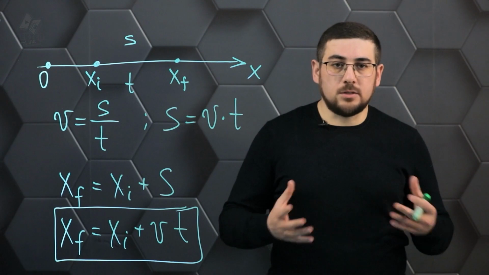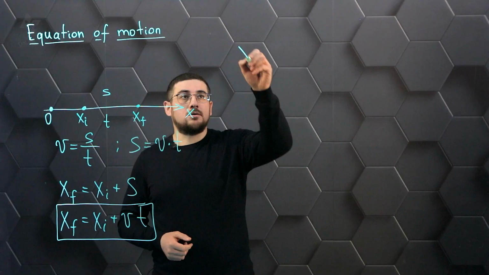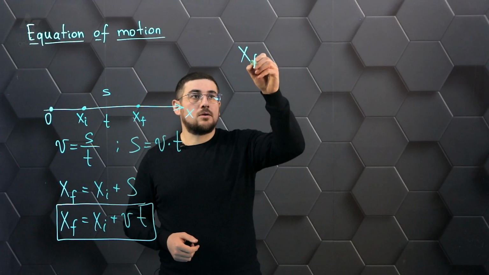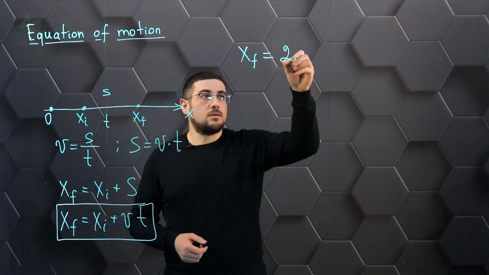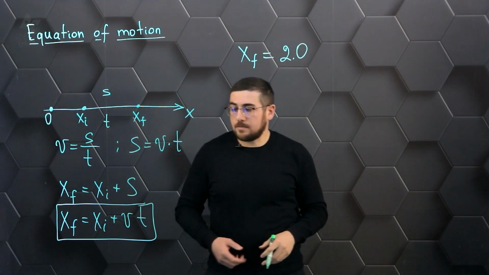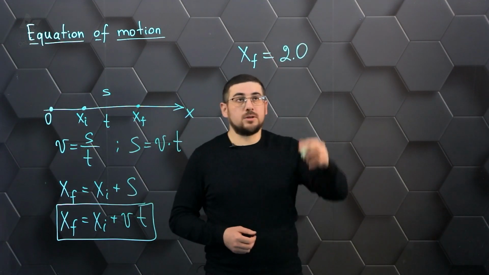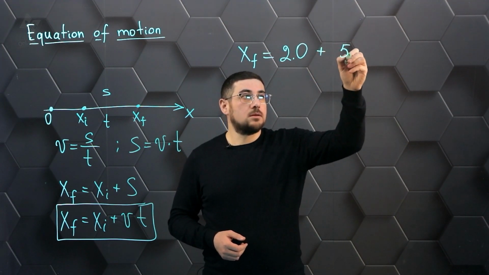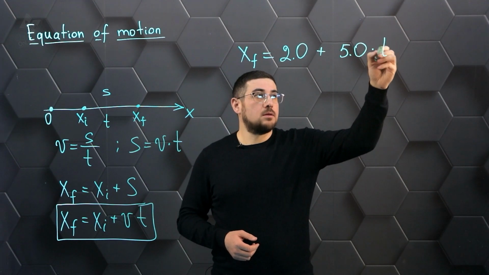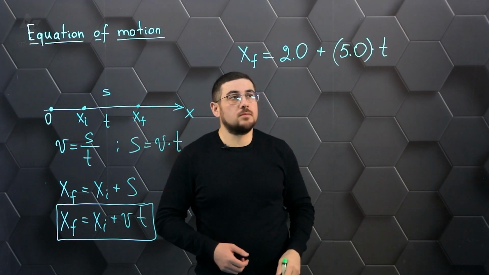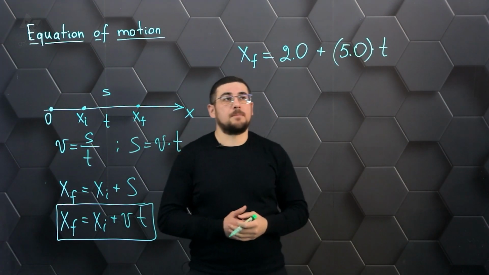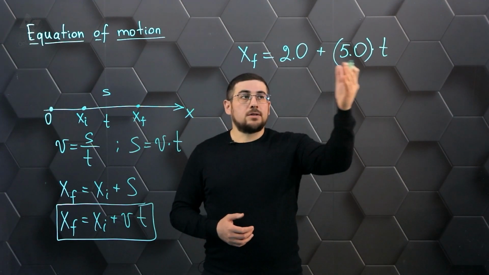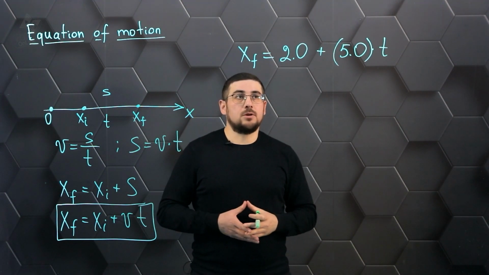So let's take an example of a body and see how this equation works. For example, the position of a body is described by the equation x equals 2 plus 5t. This is how we record it in writing. What information can we derive from the numbers in this equation?